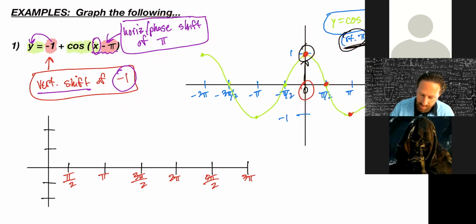So we said our starting point is usually a value of 0, but we're going to have to add pi to that. So you move it over 1 whole pi. So now my starting point is going to be here. And my ending point, when I move the 2 pi, which was the ending point for these, when I add pi to it, it's going to become 3 pi.